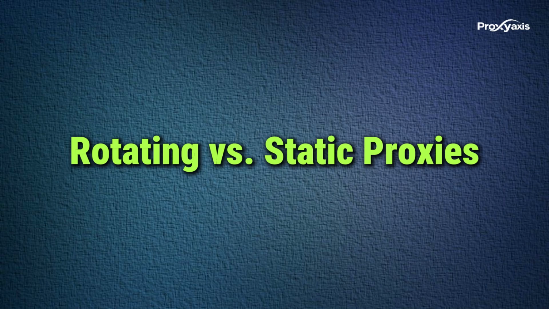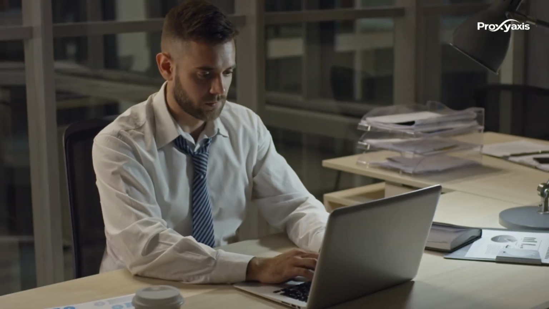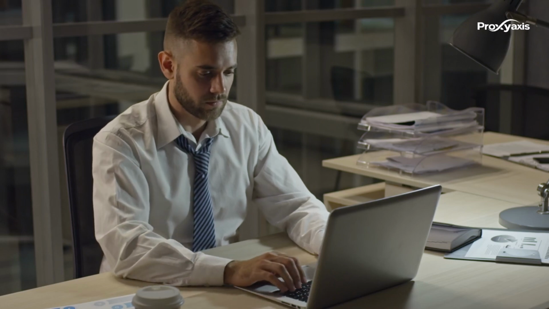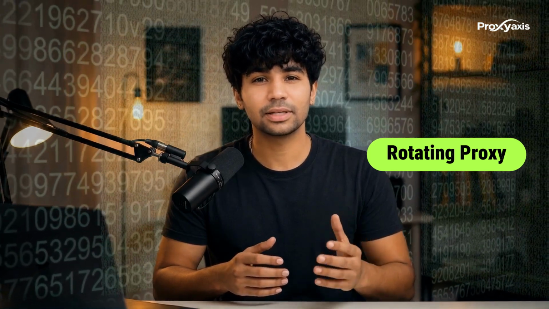Rotating versus static proxies. Now here's a distinction a lot of people miss. A static proxy gives you one fixed IP. You use it consistently. Great for managing accounts where you need to appear as the same person every session. A rotating proxy automatically changes your IP with every request or at set intervals.